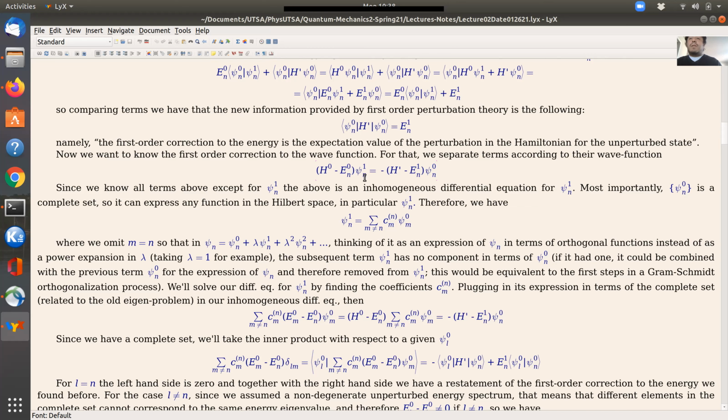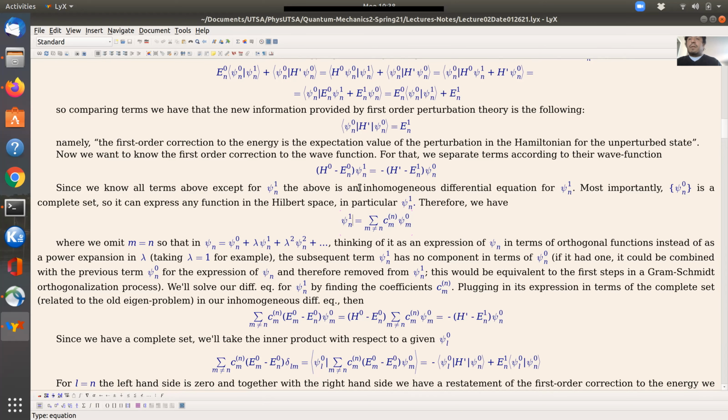And now you can solve the DFQ for psi 1n by finding this coefficient. So what you will do is plug in the expansion. You use this expansion and substitute it in here. What you will get is an equation in terms of the old eigenfunctions. So this is coming from plugging in this expression.